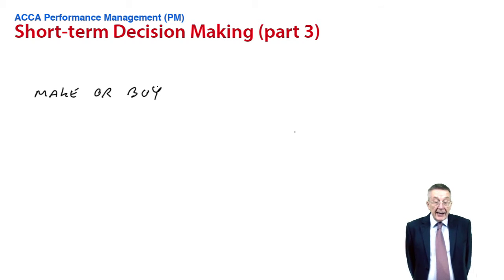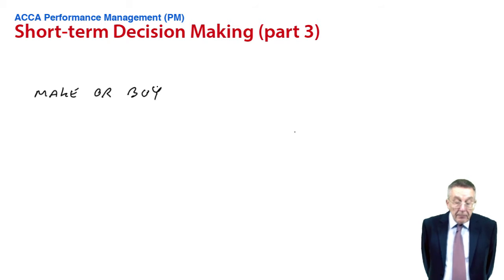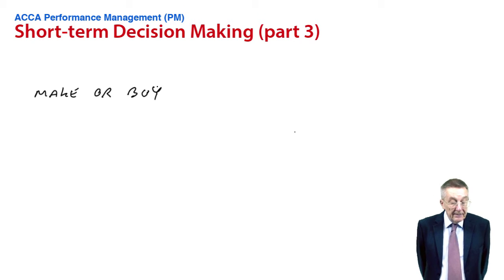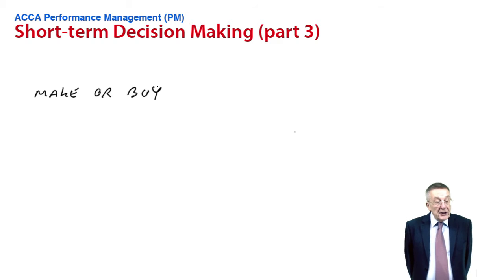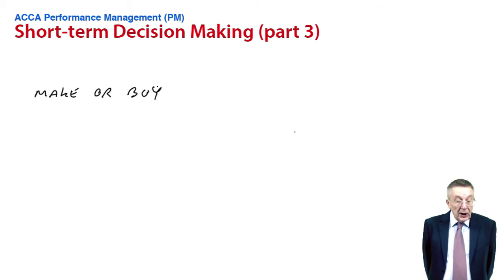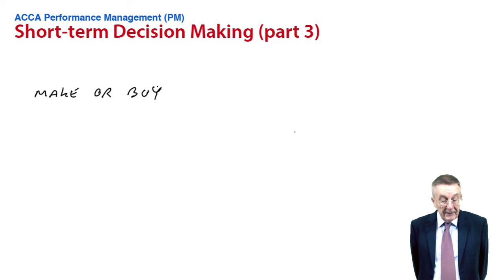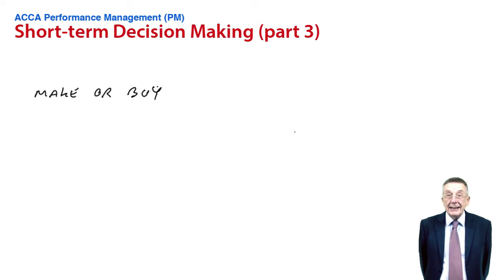We make 3 products, X, Y, and Z, and the demand for X is 2,000 units, the demand for Y is 2,500, for Z is 4,000. And we're told below the variable cost per unit to make them ourselves: 10, 12, 14.